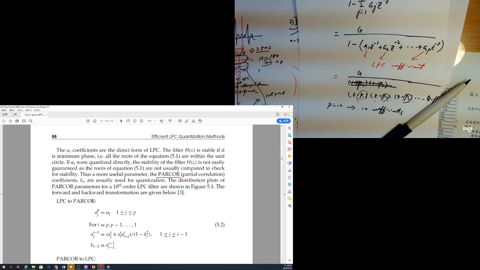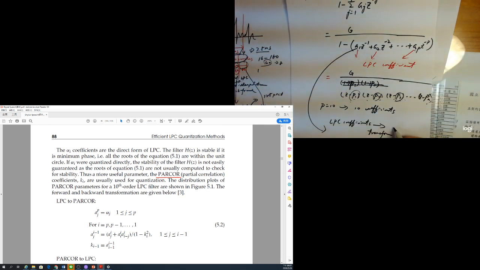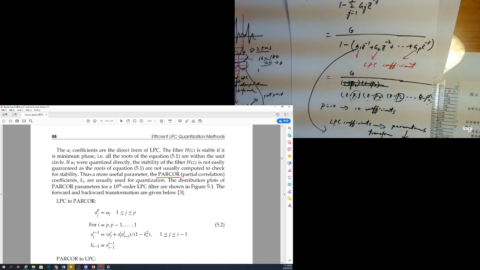So during the quantization, we can transfer to another domain parameter, and during the quantization we can check the stability, so we can know what kind of values are stable.